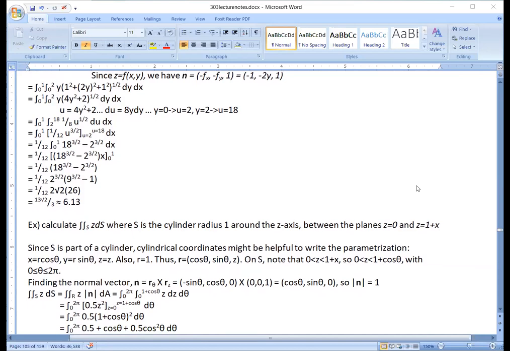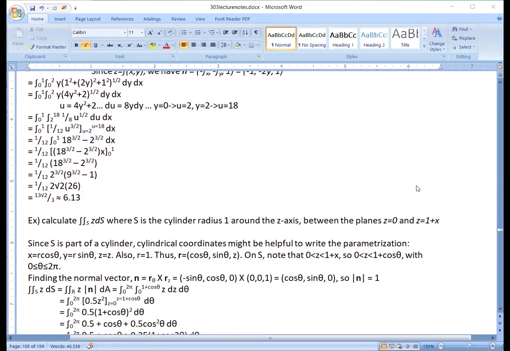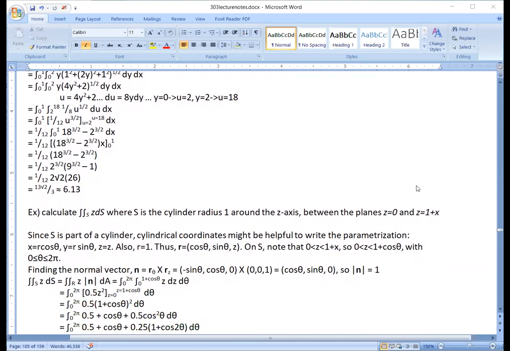You notice that you get a cos squared theta in there, and to do the integral of that, use the double angle formula. So cos squared theta is just half of 1 plus cos 2 theta. Make that substitution. Altogether you get half plus cos theta plus a quarter times (1 plus cos 2 theta).